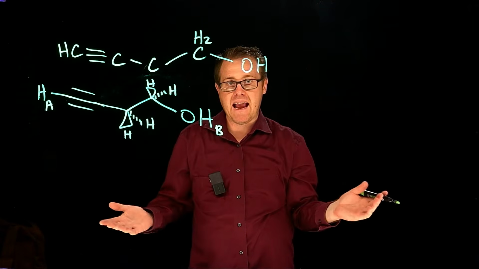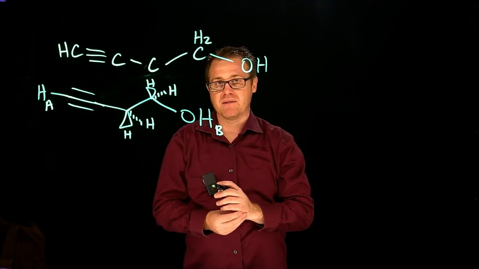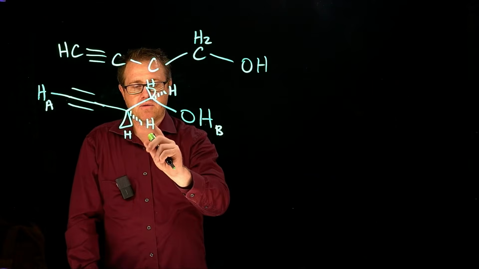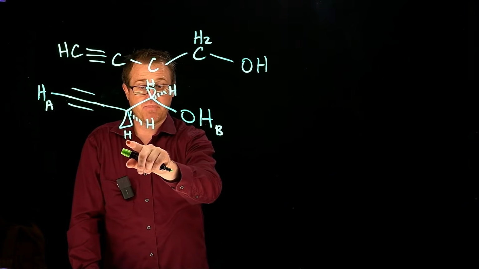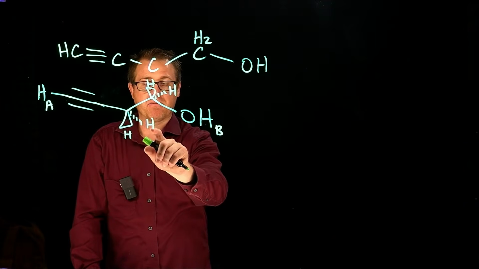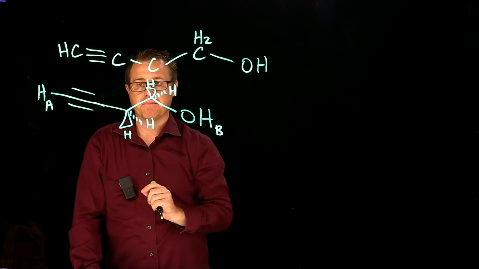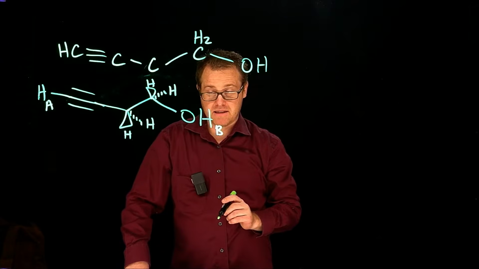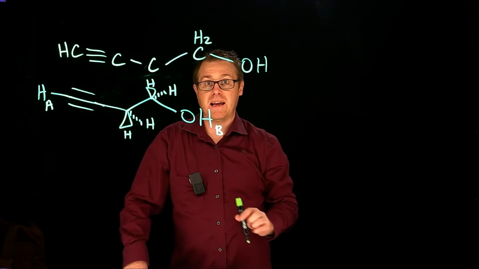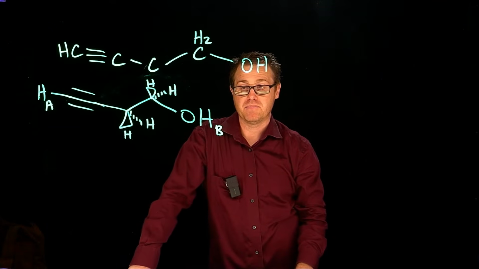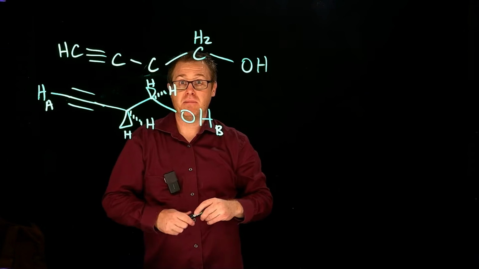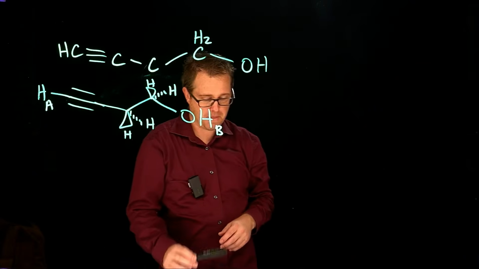If they don't look the same, then there's no axis of rotation. So let's ask the question, what's the relationship between this proton here and that proton there? All right. Now, if you do the replacement test, you will see that they are enantiomers of one another. But I want to show you just using a plane of symmetry argument.